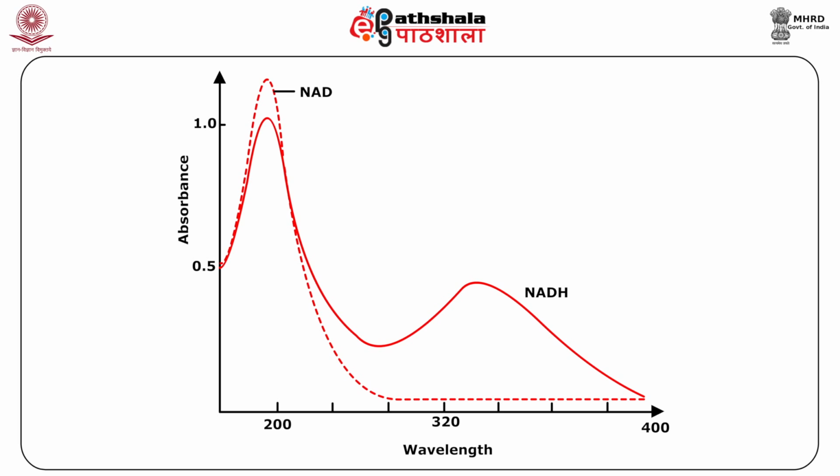Now, from the spectra of NAD and NADH2, it is clear from the figure that if the absorbance is measured at 340 nanometers, the readings will increase as the reaction progresses towards the formation of NADH2.